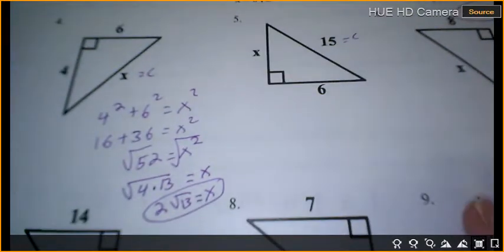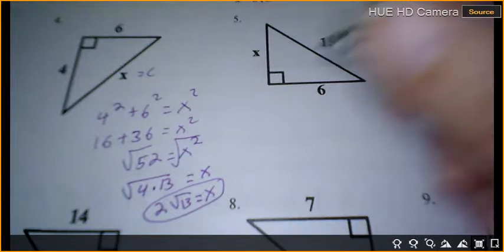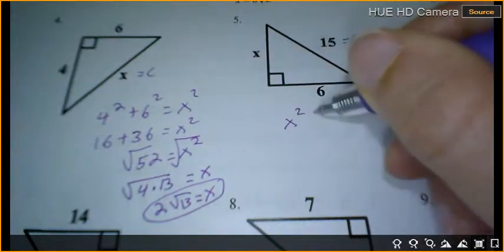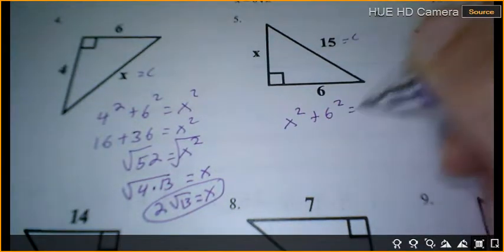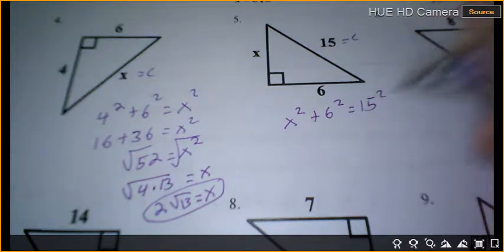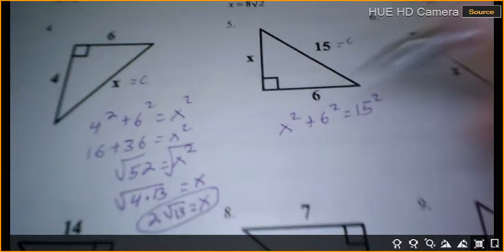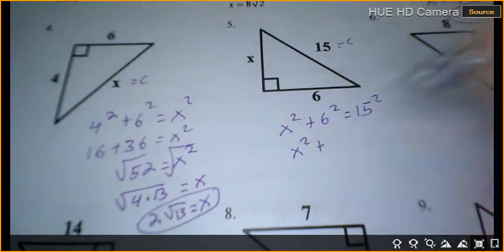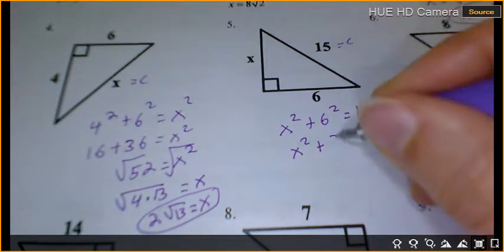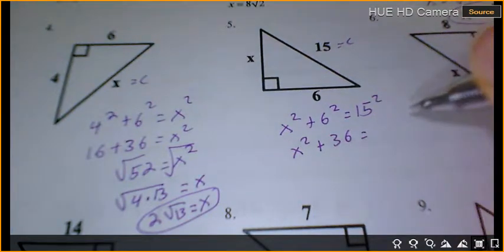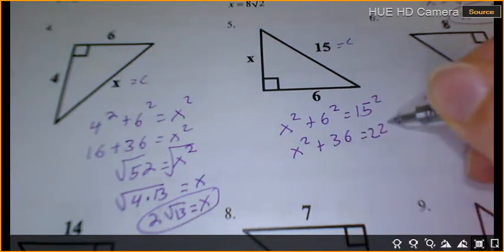Too small. Okay. All right, so we're going to get x squared plus 6 squared equals 15 squared. So we're going to get x squared plus, what's 6 squared? And what's 15 squared? 225, nice.